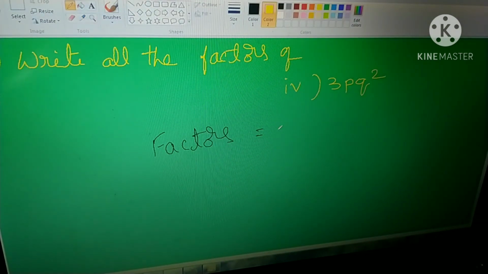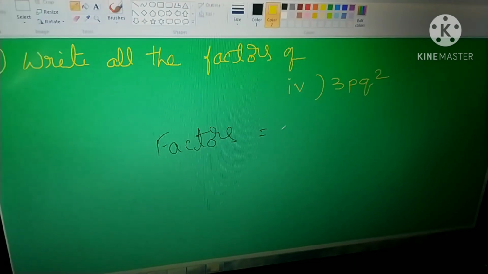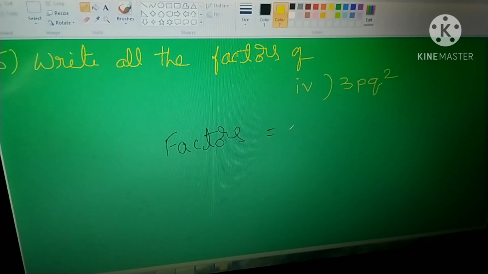Write all the factors of the given algebraic expression. This is your fifth problem. Factors I am writing here. In the previous problem, we wrote the numerical coefficient and literal coefficient. Now we are writing complete factors, including numerical factors and literal factors.